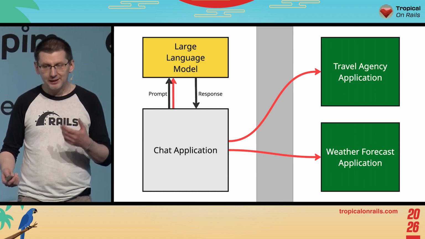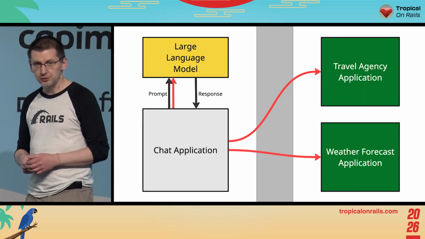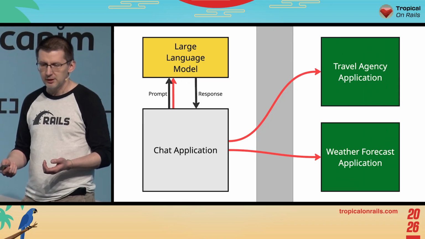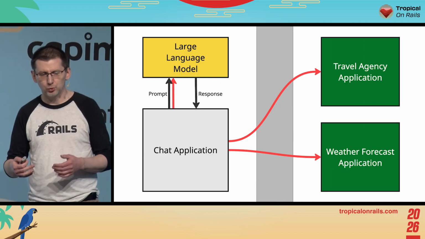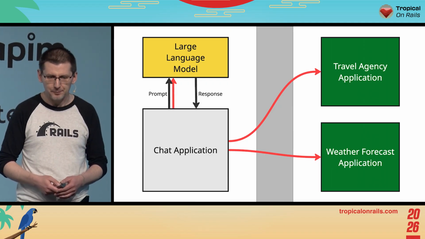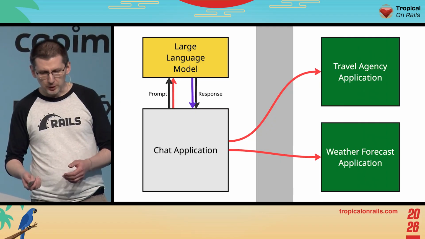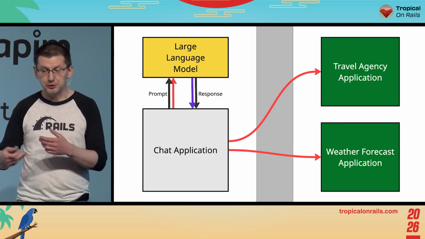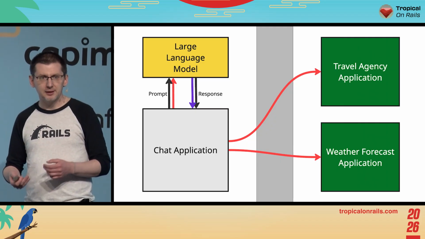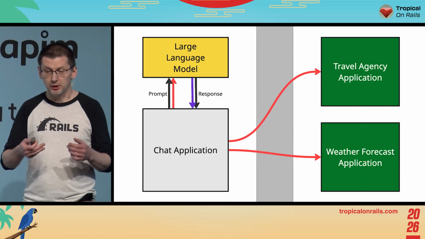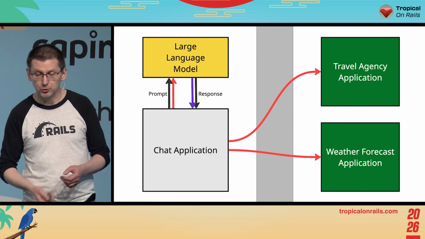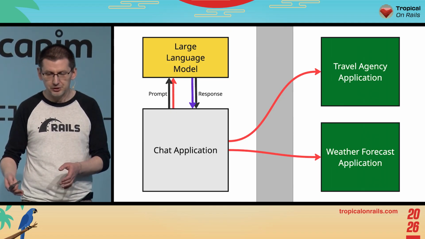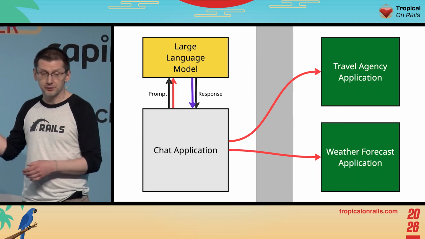So the application can get additional information, additional context, and add this additional context to the prompt sent to an LLM. This way, the LLM may provide a response based on the enhanced prompts. So in such an interaction, the LLM reacts to real-time information fetched from some other third party.